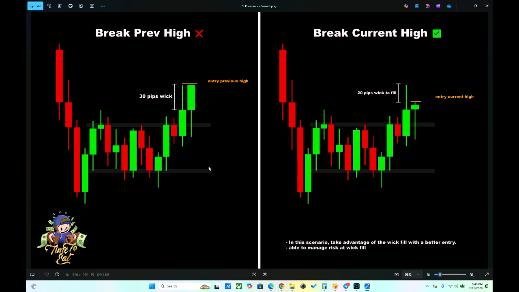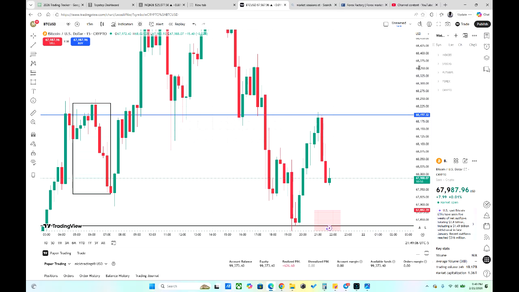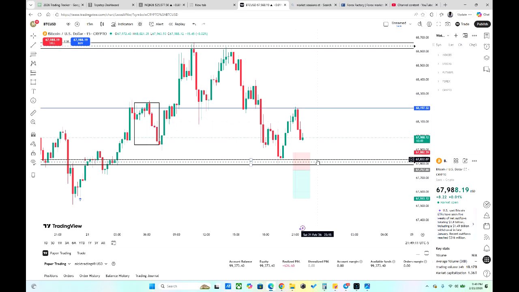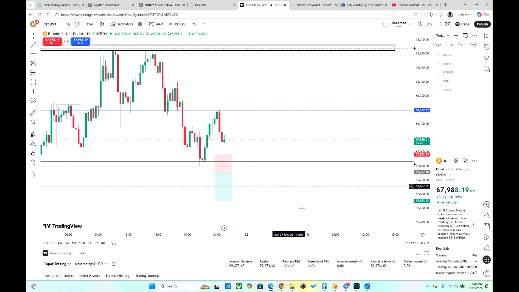Now the first thing we identify in everything else is the range. This is the top of the range, which is the resistance. Then we saw the support, resistance, support, which we work with.